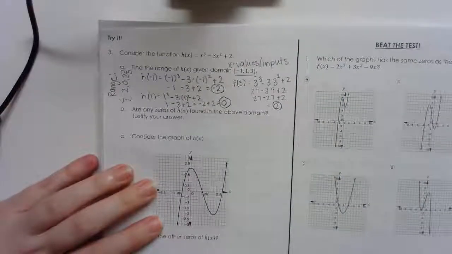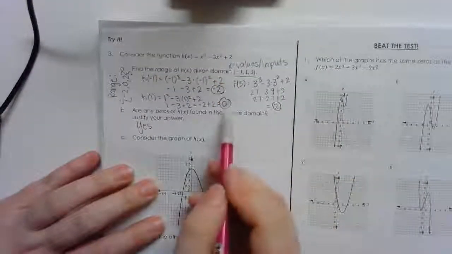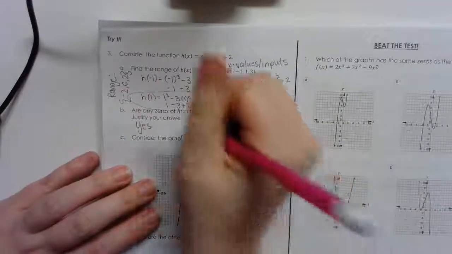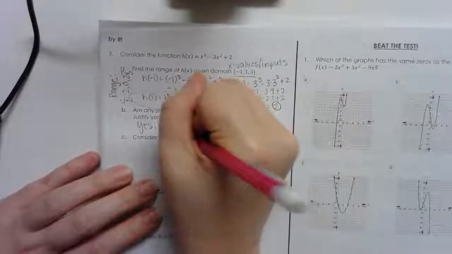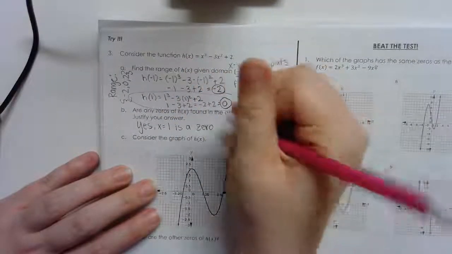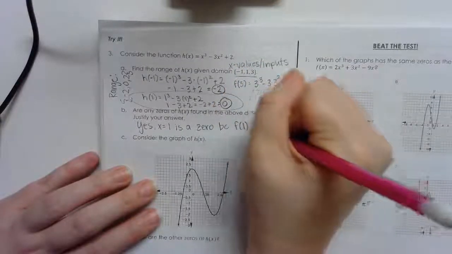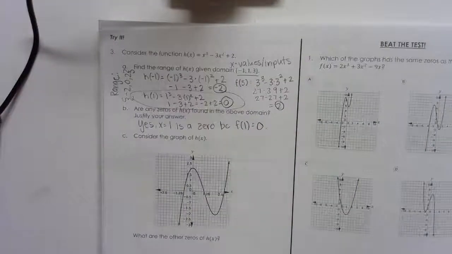So if we look at these, yes. The 0 is right here. So x equals 1 is a zero because h of 1 equals 0. We're looking for where the value of that function is 0.